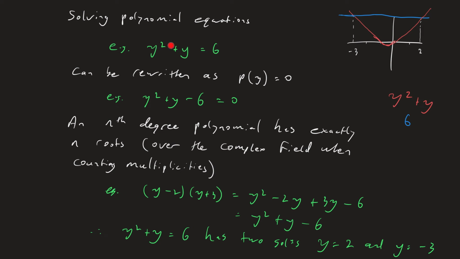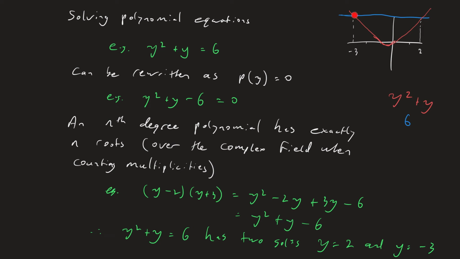So to solve this equation, we can plot the left-hand side to get this red curve. We can plot the right-hand side. The right-hand side in this case is just a constant. And when you plot that constant, it looks like this. And solving this equals to this simply means finding the points of intersection. When does the red curve intersect the blue curve?